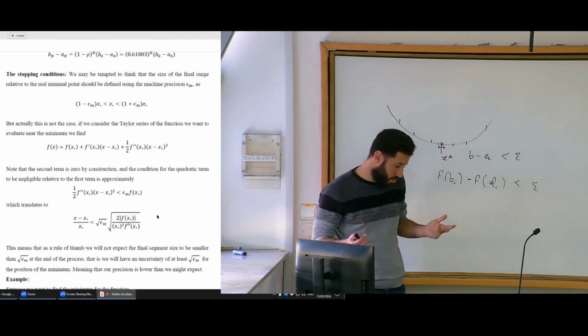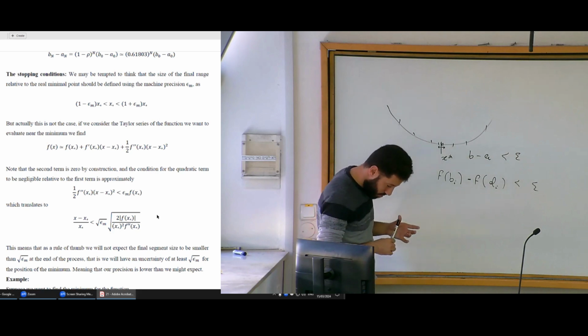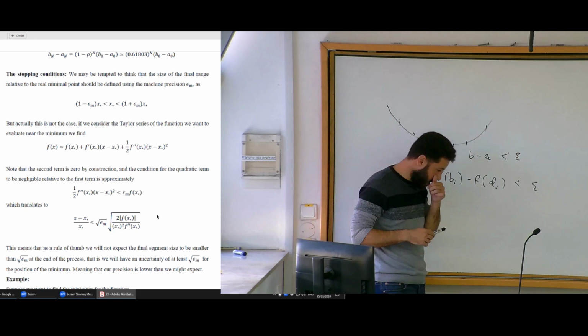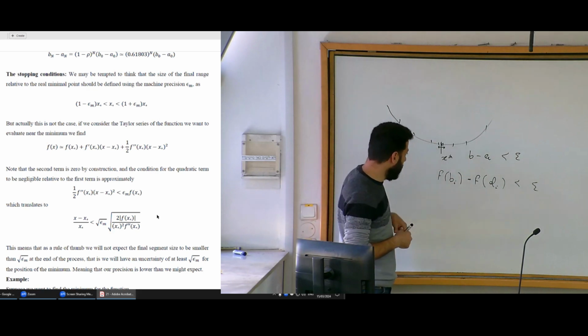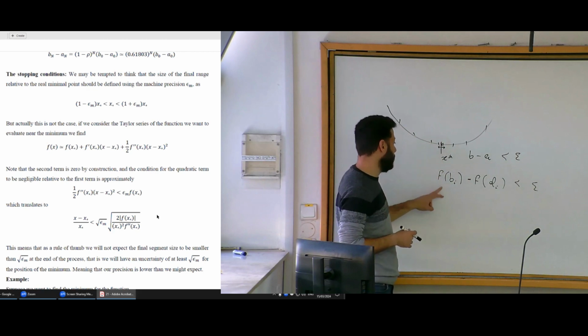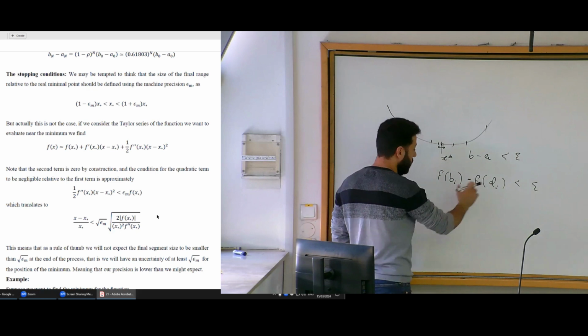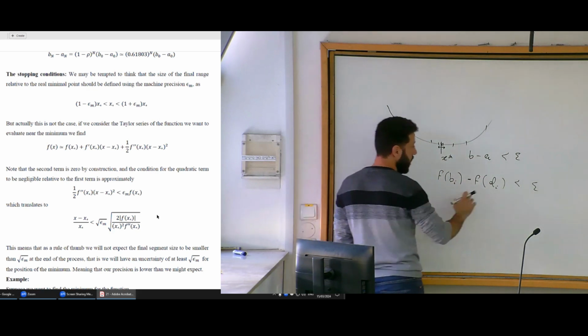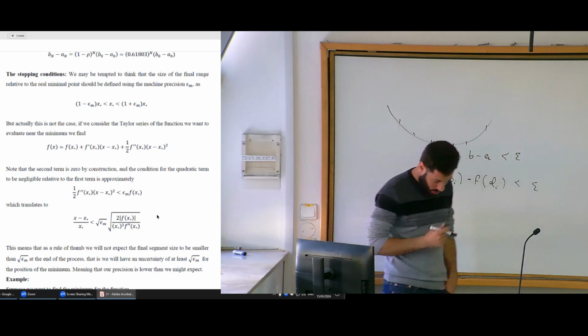But it's not sure that's the way, because maybe the function has very small, very close values, and this is the way that you should think about it.